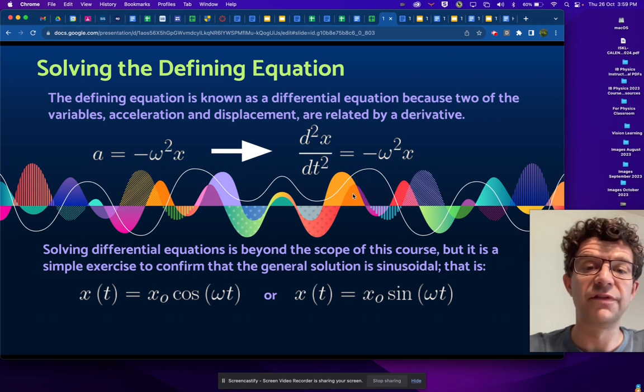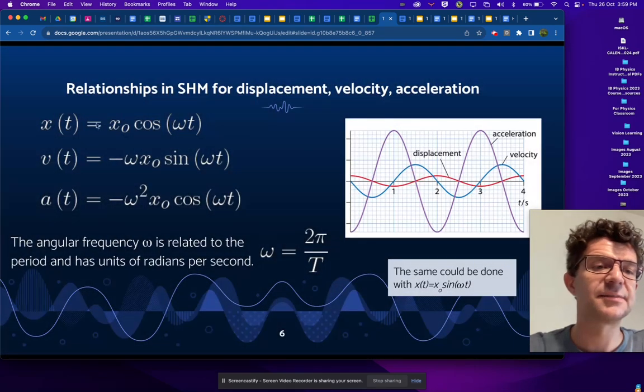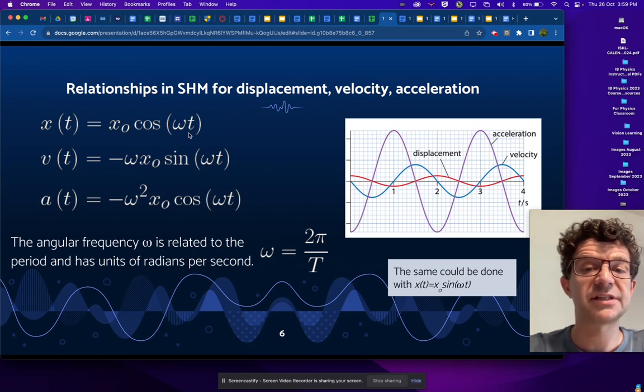See that these solve this equation. Specifically, if we take the example with the cosine for the displacement that goes along with the graph we've been looking at carefully, for the first derivative, x0 remains a constant. The derivative of cosine is negative sine, and the chain rule tells us we'll have an omega that comes out in front.